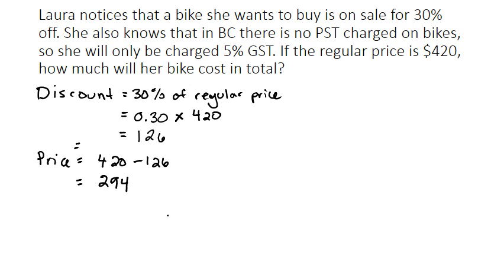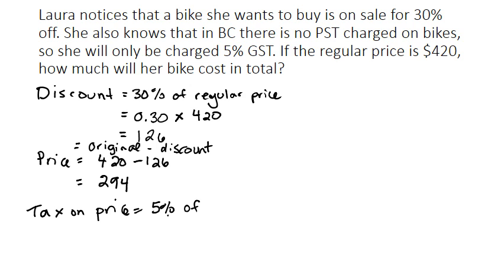So this price calculation was original minus the discount. All right, then we need to calculate sales tax on our final price. So the tax, we know we only have to pay 5%, so it's 5% of our discounted price of $294.